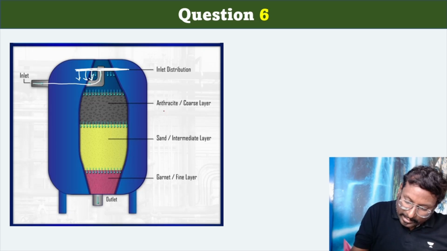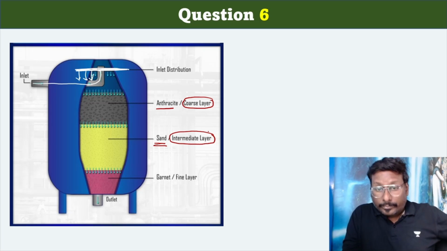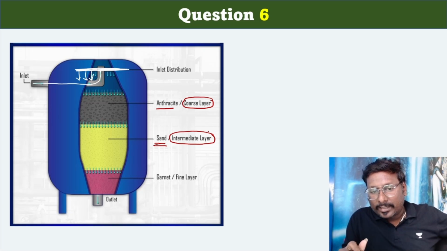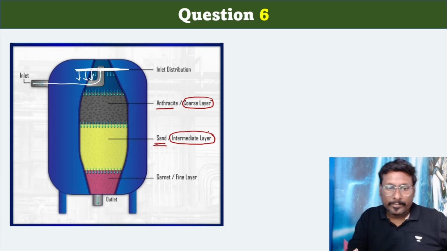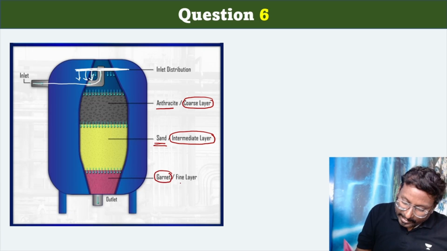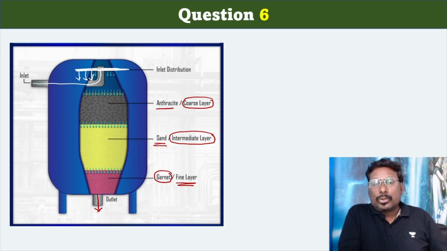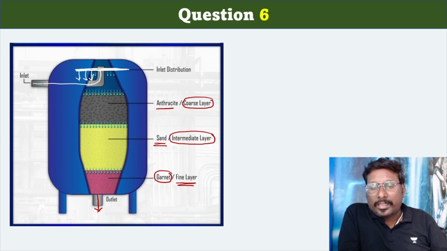Check out the first layer, anthracite, the coarser layer, followed by sand, the intermediate layer. This is an industrial multimedia filter. Then last, garnet, the fine layer, and water is coming out.